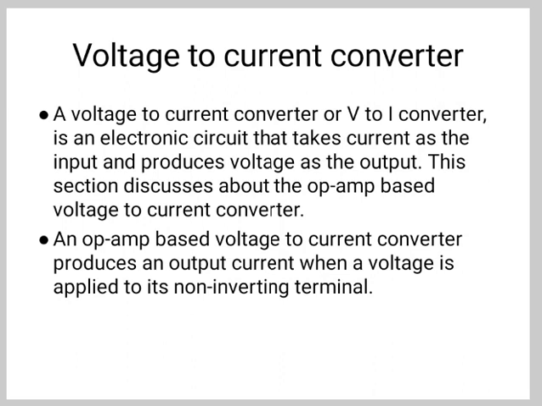So here we discuss the op-amp based voltage to current converter. An op-amp based voltage to current converter produces the output current when voltage is applied to its non-inverting terminal.